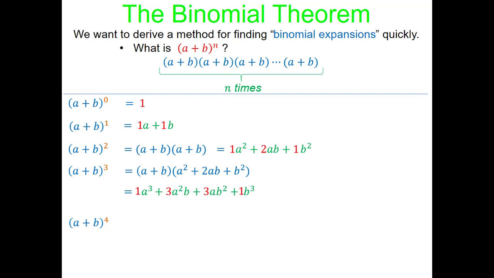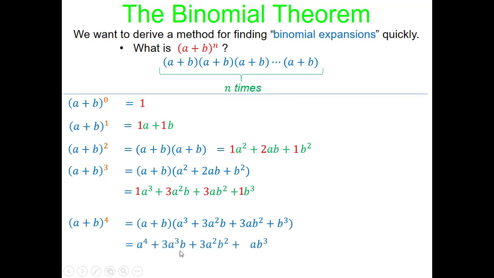But let's take a look at a plus b to the 4th to see if we could really nail down a couple of patterns. Well, a plus b to the power of 4 is a plus b times the quantity we just found. So now again, if we distribute a to each of the terms in the second parentheses, then that just increases each of the a exponents by 1.